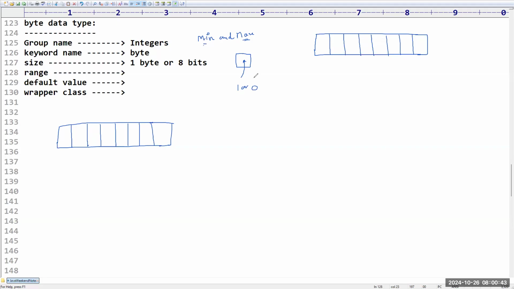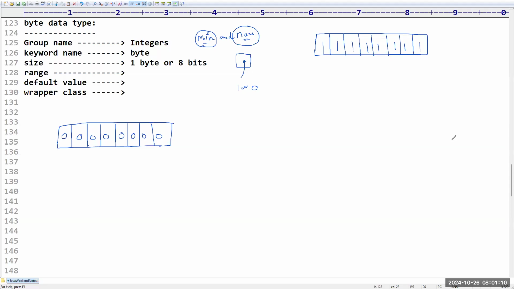If you want to get maximum value, all these values inside are 1. If you want to get minimum value, all these values inside a box must be zeros. Sir, everyone understood? Please confirm. Yes, sir.